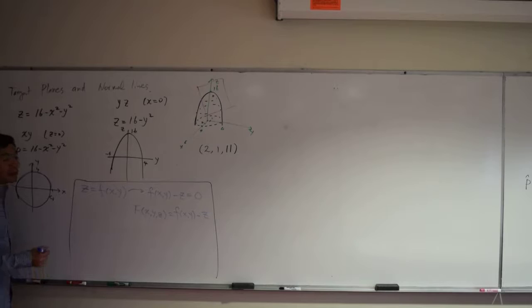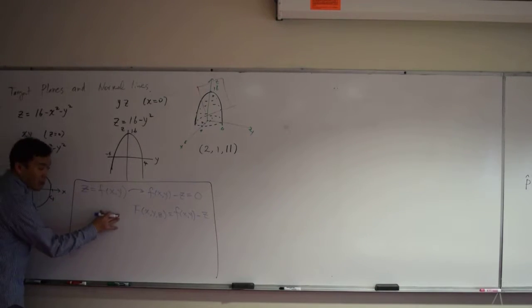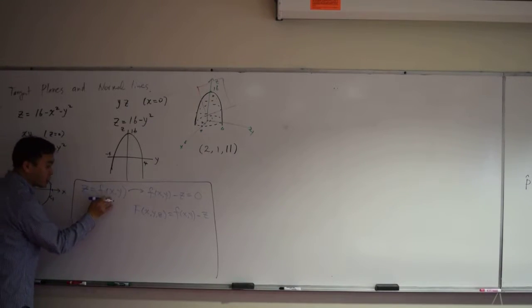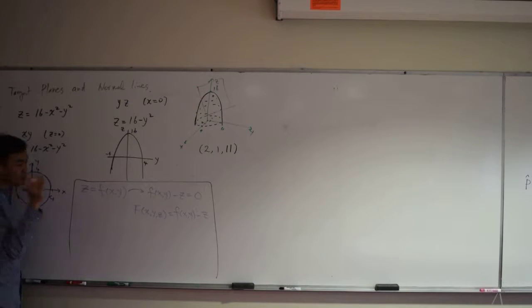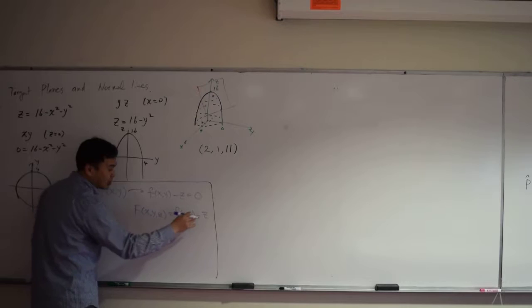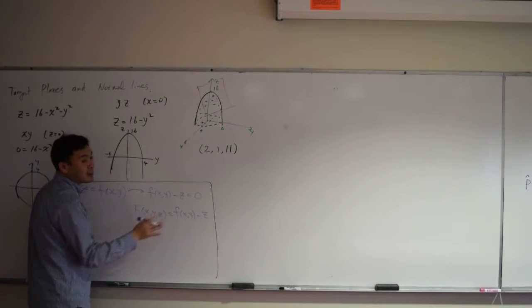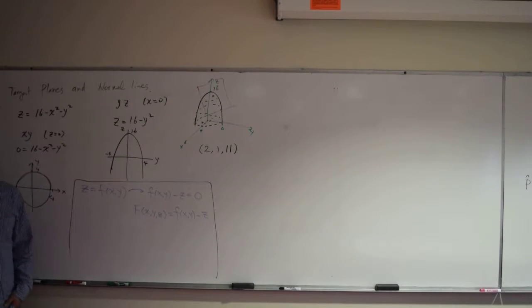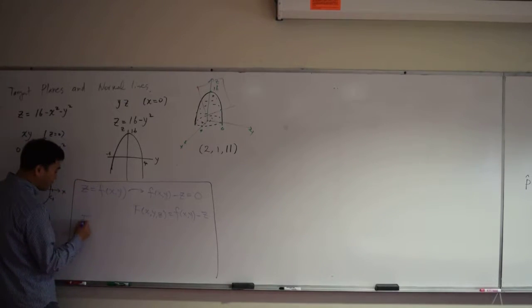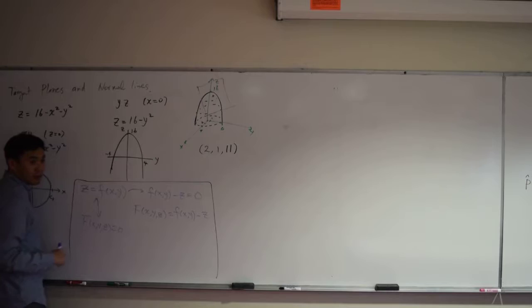So what's a level curve or a level surface? If you're given a function, you set that function equal to a constant. In 2D context, that gives a curve, so that's called a level curve. In 3D context, if you have a function of three variables and you set it equal to a number, that gives you a surface in 3D, so you call that a level surface. And by setting F of x, y, z equal to 0, this is equivalent to the first given surface, right?